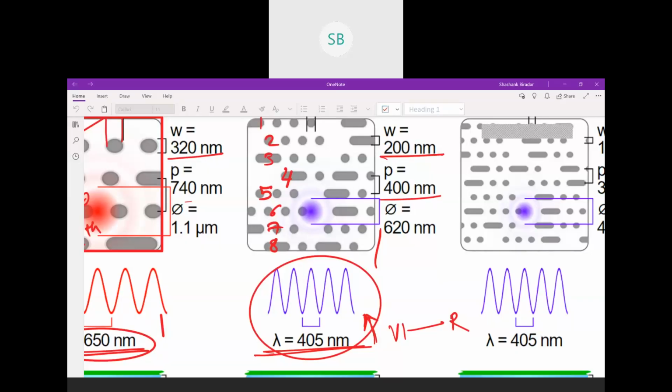VIBGYOR, right? So this goes up to 400 something, and this goes up to 700 something nanometers. So here we are using the blue laser.